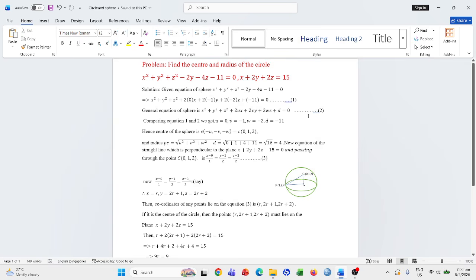Now comparing 1 and 2, we get: 2ux, there is no term of x, so 2u equal to 0, so u equal to 0.